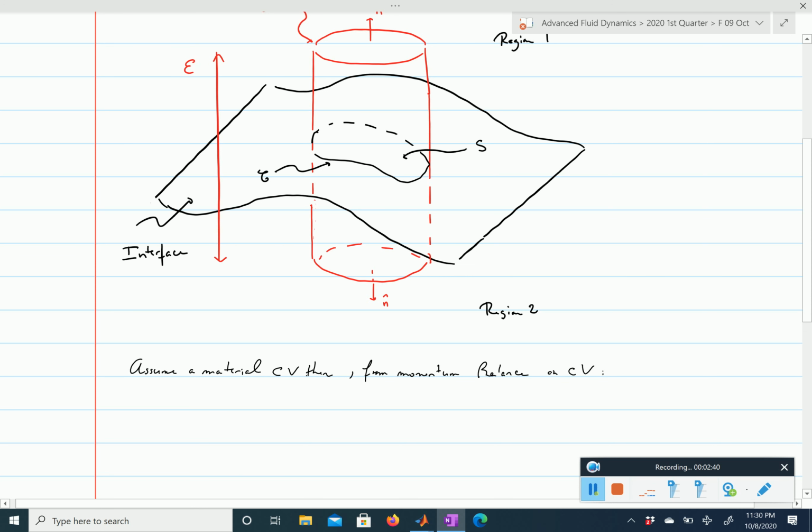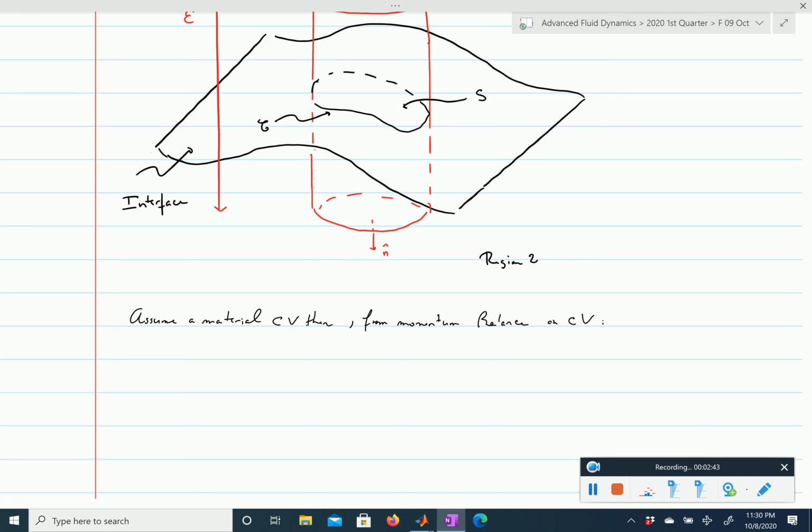And so the rate of change with time of the total momentum will be equal to the sum of all of the surface forces on the control surface around the control volume, which is the red cylinder.